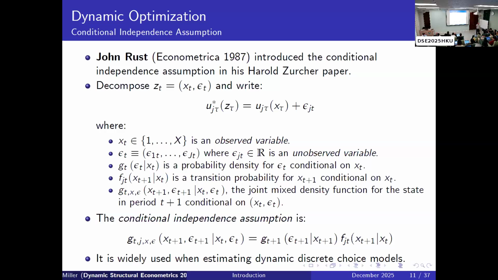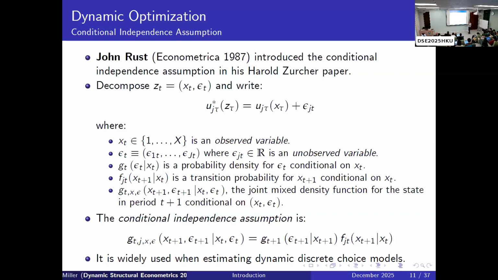All right. And so the conditional independence assumption says we're going to make this assumption, okay, that xt plus one is only going to depend on the xt. That's the first thing. It doesn't depend on the epsilons.